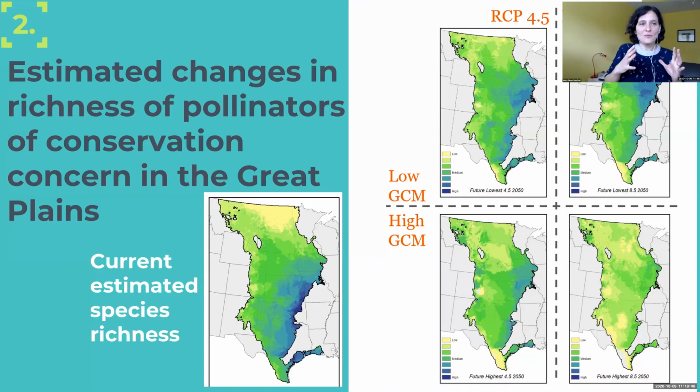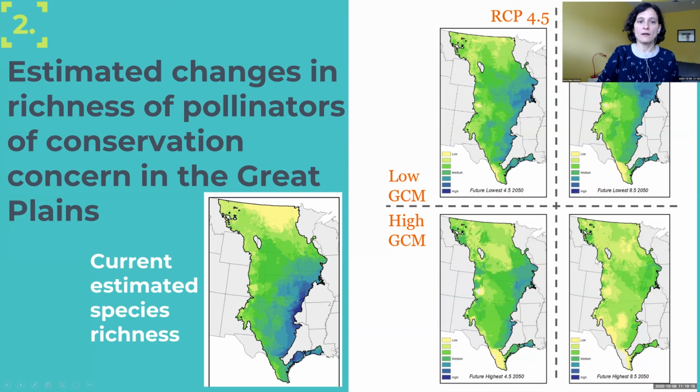Now, if we try to summarize all this into just species richness, the number of species, this map over here shows the current estimated species richness under current climatic conditions, and by current, remember, I mean 1960s to 2000. And then these are the projected species richness under a low change global circulation model and a moderate emission scenario.